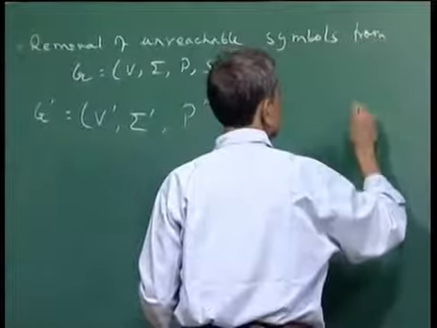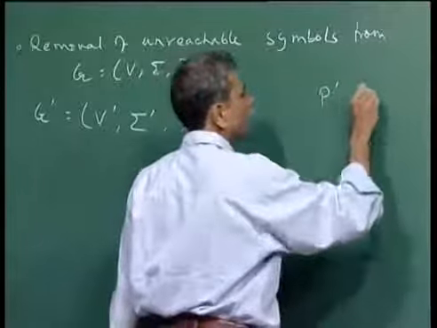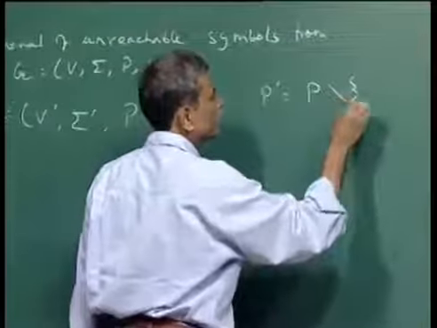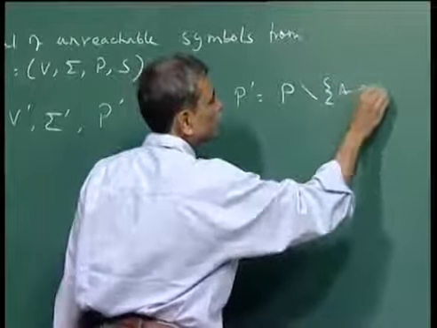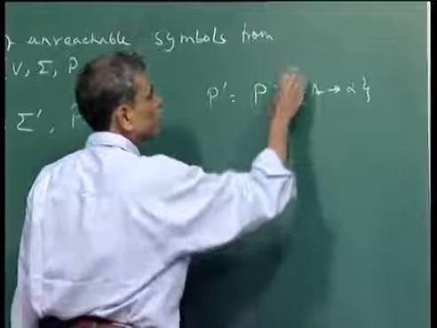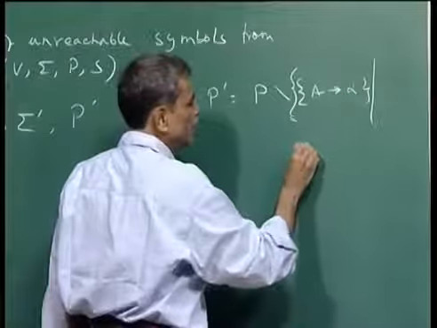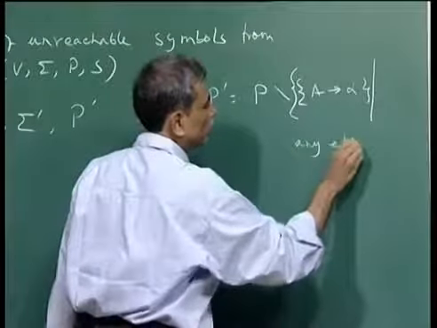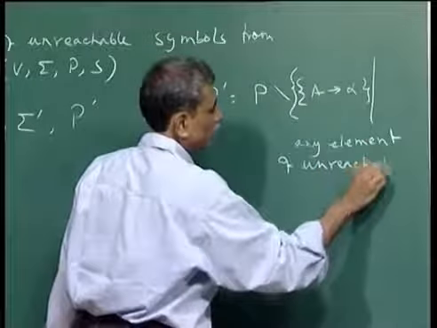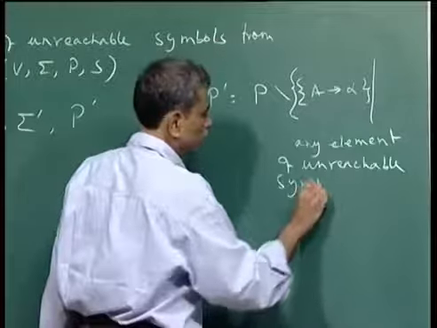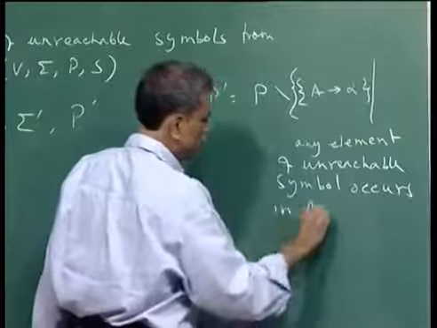So, basically what we are saying is, let me write it down clearly, that P dash is P minus the set of all productions of the kind A goes to alpha, right, such that any element of the unreachable symbols occurs in A goes to alpha.